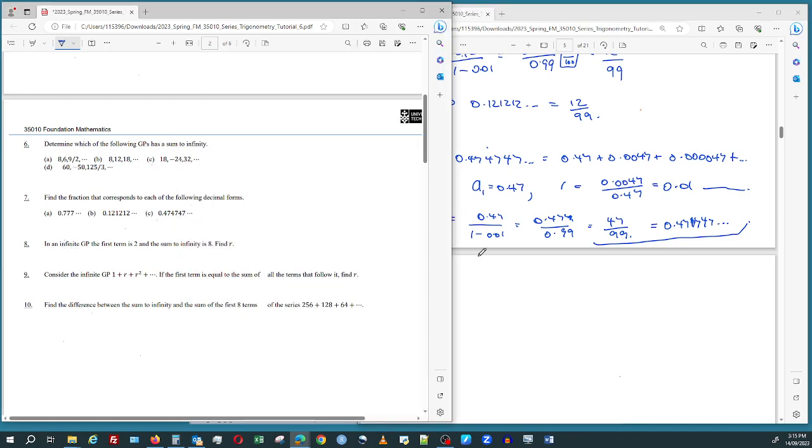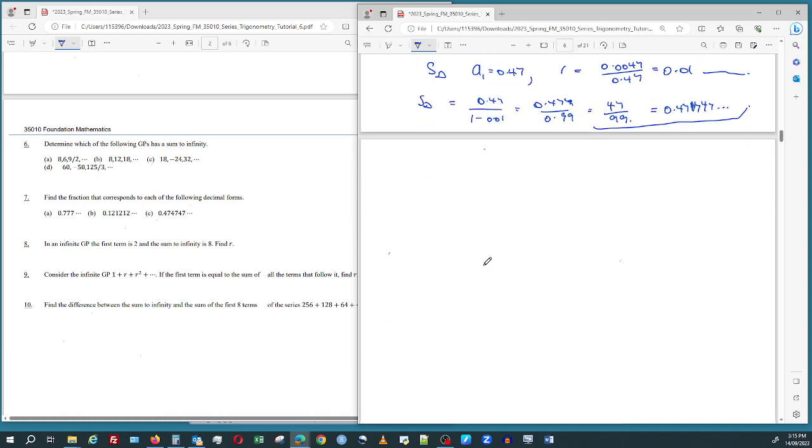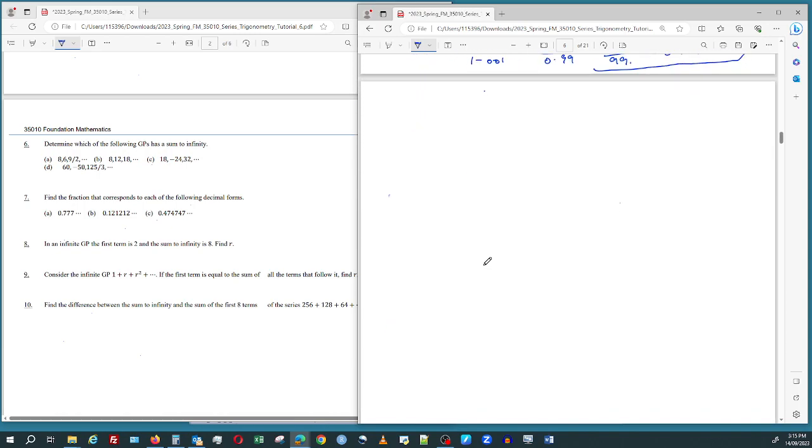Alright, an infinite sum. In an infinite GP, the first term is 2, and the sum to infinity is 8. Find R. So we get the first term is 2. The sum to infinity is equal to 8.